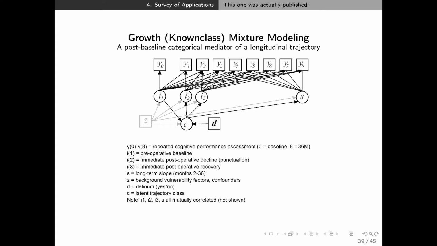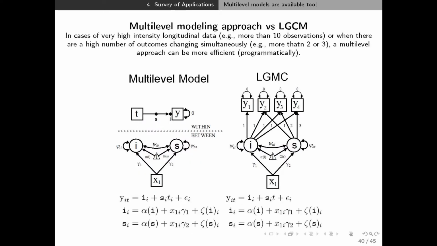So you can do your growth curve modeling in a multi-level modeling framework with Mplus. You can estimate the same types of models we would do with latent growth curve modeling with a multi-level modeling framework. And Dan had some slides that look like this up yesterday.